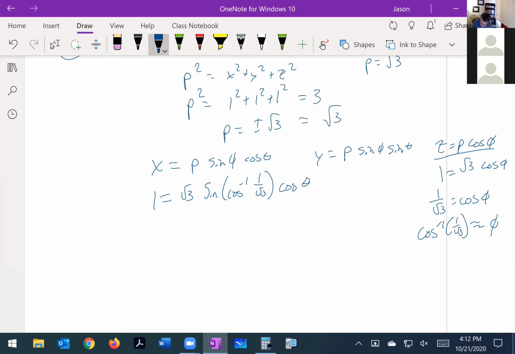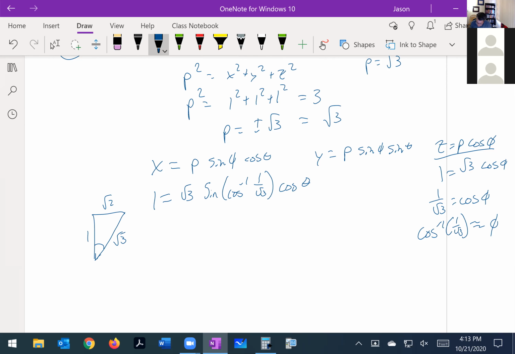I'd have to draw a triangle for this. Let's draw that triangle we had before. Okay. So I want the angle whose cosine is 1 over radical 3. And then I want to take the sine of that. Well, the sine would be radical 2 over radical 3.